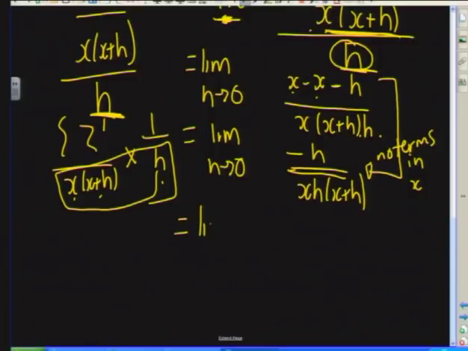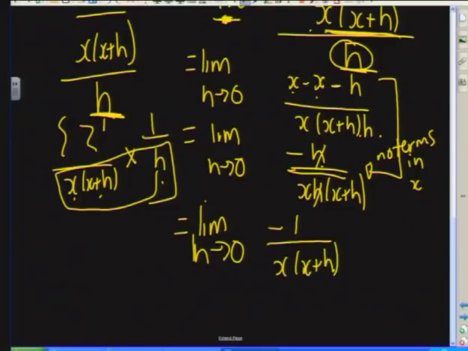Okay, so this is equal to the limit, just terms in h. It doesn't have to be a single h, but there's got to be terms with h in them. So what we can see is going to happen here is that h and that h are going to cancel. And we're left with minus 1 in the numerator over x times x plus h. At this point, we can tend h to 0.